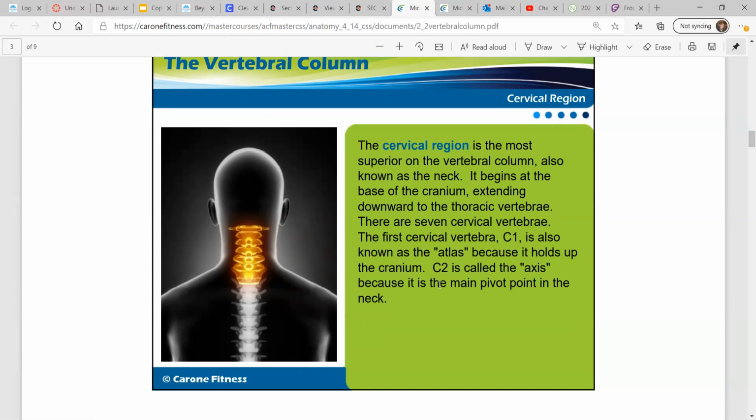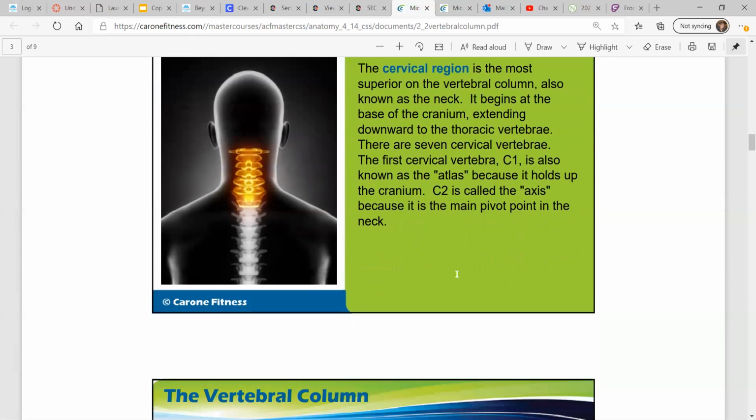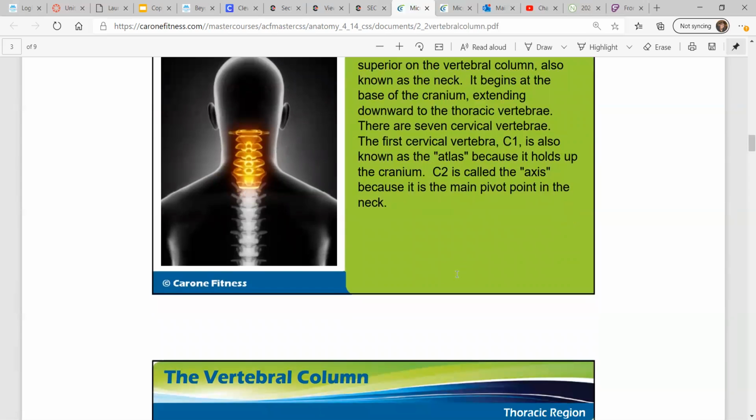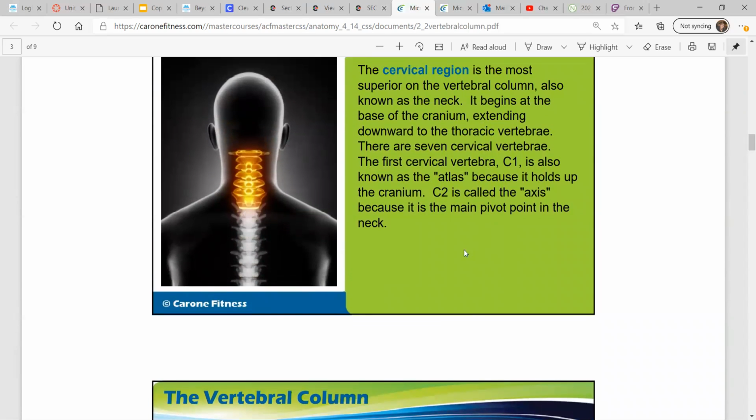The first cervical vertebra, C1, is also known as the atlas because it holds up the cranium. That is from mythology, where Atlas is holding up the world, and that is why it's nicknamed Atlas. C2 is called the axis because it is the main pivot point in the neck. While C1 holds it up, C2 allows it to pivot.